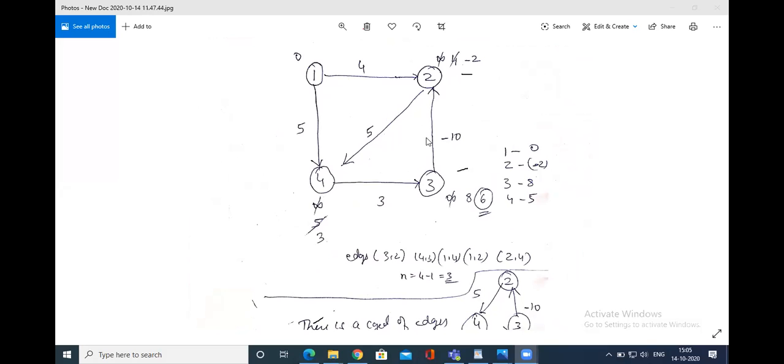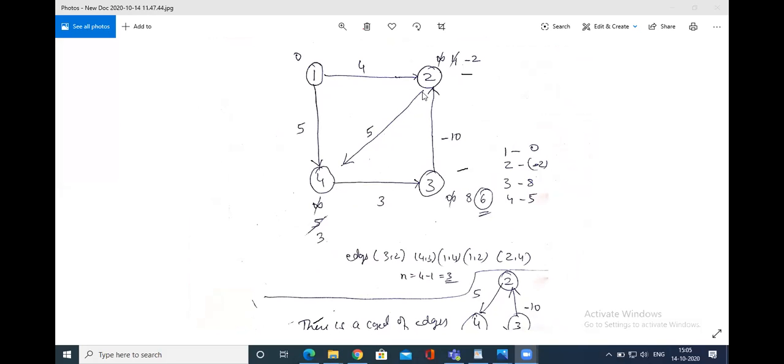This is a cycle of edges, that is 2, 4, 3, again 3, 2. It is cyclic. Try to understand. There is a cycle of edges, so that has got a negative weight cycle.